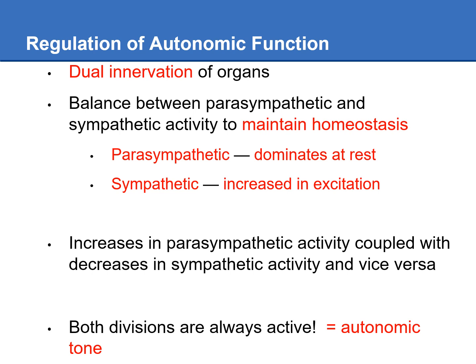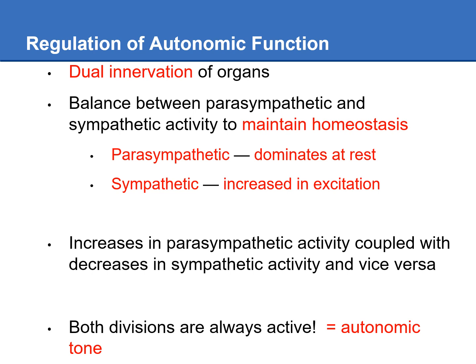But what happens is that the body will adjust the activity of the parasympathetic and the sympathetic neurons. So if you're resting and digesting, then you're going to increase the activity of the parasympathetic neurons and decrease the activity of the sympathetic neurons. But if the bear jumps out at you and you've got to run away or fight, or if you're stressed for some reason or you're exercising, then sympathetic neurons are going to increase their activity and parasympathetic neurons would decrease their activity.